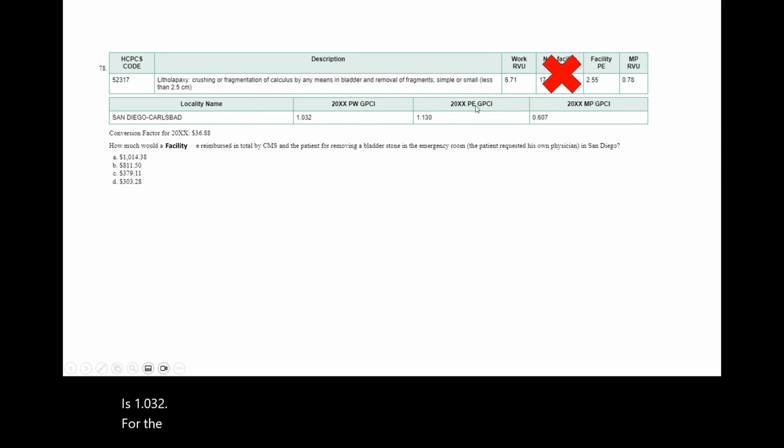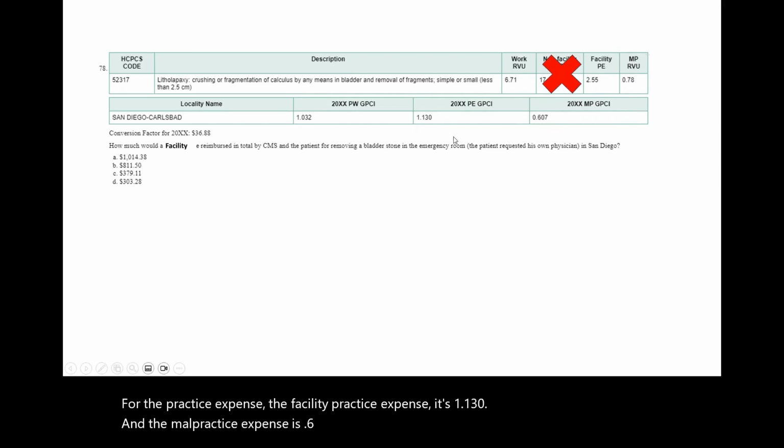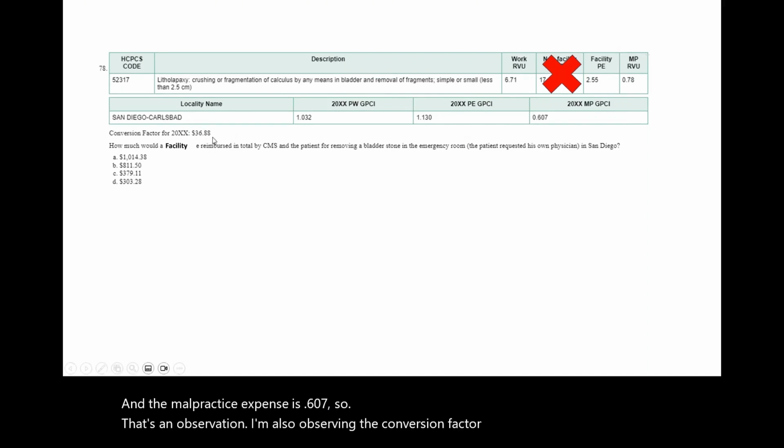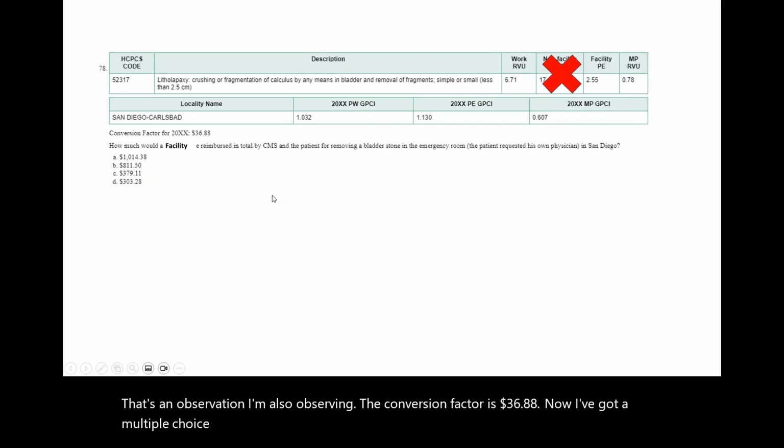For the practice expense, the facility practice expense, it's 1.130. And the malpractice expense is 0.607. So that's an observation. I'm also observing the conversion factor is $36.88.